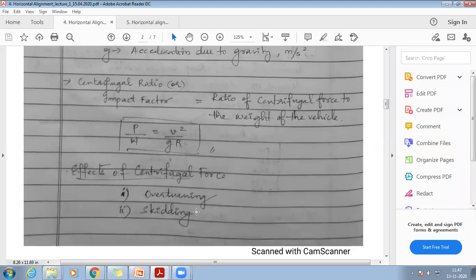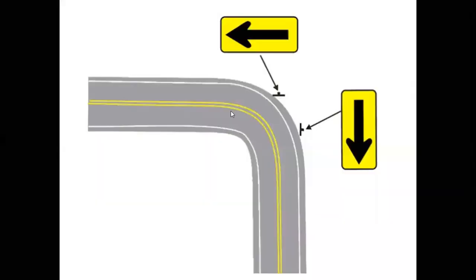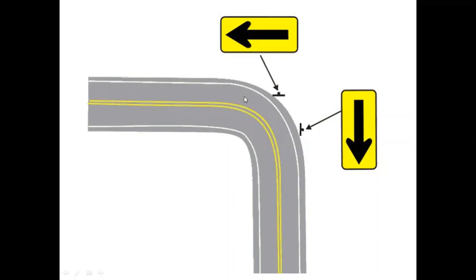So skidding can happen also. When the vehicle is traversing the horizontal curve, the centrifugal force is making the vehicle push outside, so skidding can happen laterally. The movement of the vehicle is happening laterally, not longitudinally. That is very, very important.